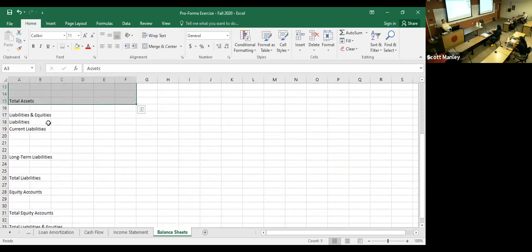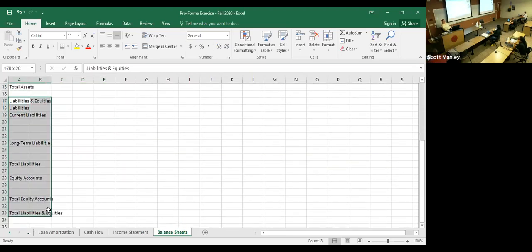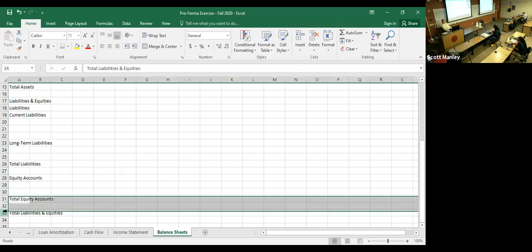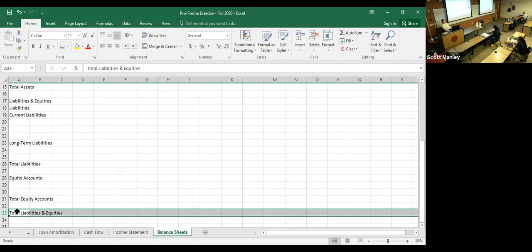This section down here is liabilities and equities. Under it, I've got some liabilities and some equities, and then I'm going to total those up. And the secret is the balance sheet must balance.